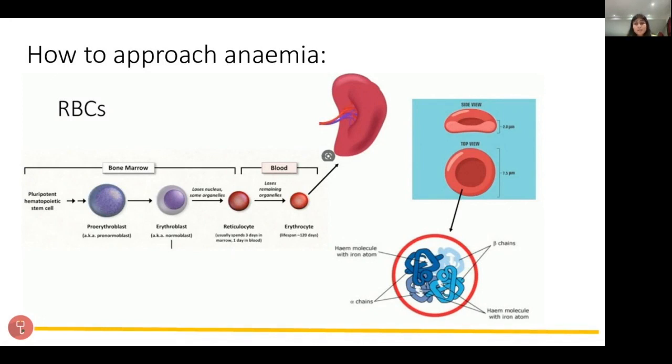And usually as part of the septic screen, you'll do your blood cultures, you'll also send off a respiratory viral swab. Or if they're coughing, then you might do a sputum sample and send that off for MC&S. And that would also tell you whether they've got any bugs growing in their sputum, or if any of their viral swab results come back as positive, then you'll know if they've got a viral infection.